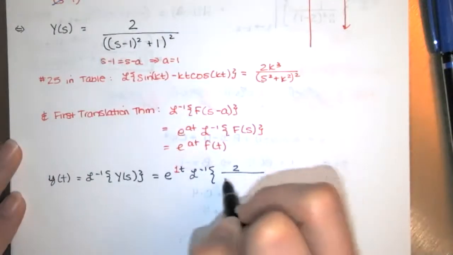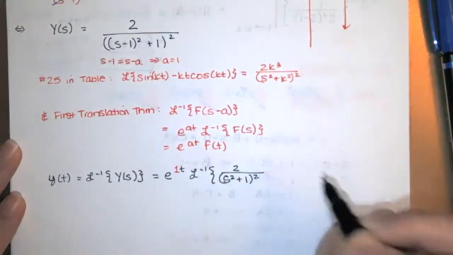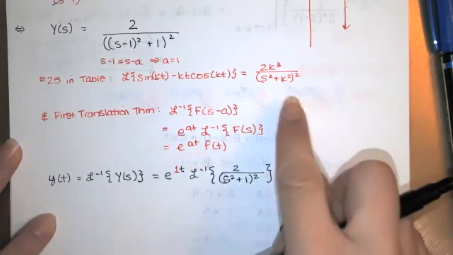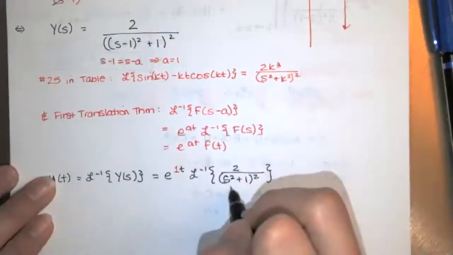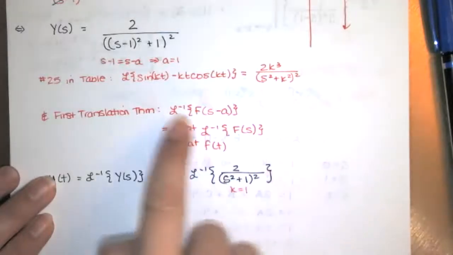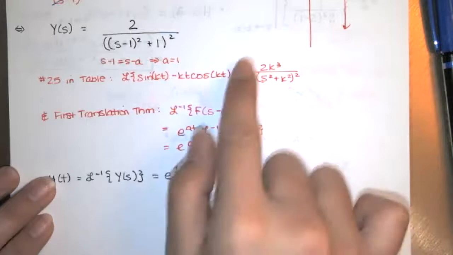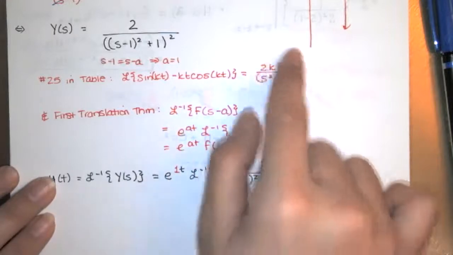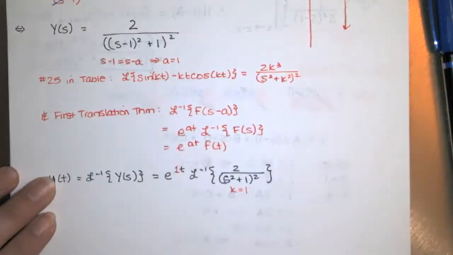So we're going to have 2 over (s squared plus 1) quantity squared. And that matches this pattern with k equals 1. According to the table, the Laplace transform of this is equal to this. That means the inverse Laplace transform of this is equal to that.